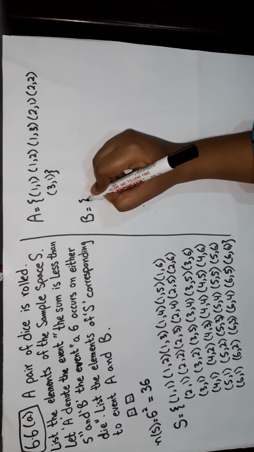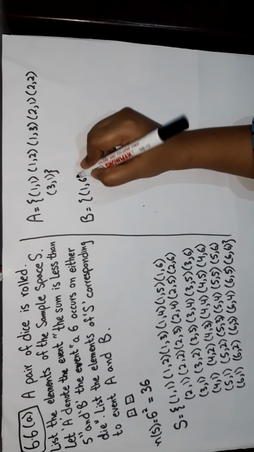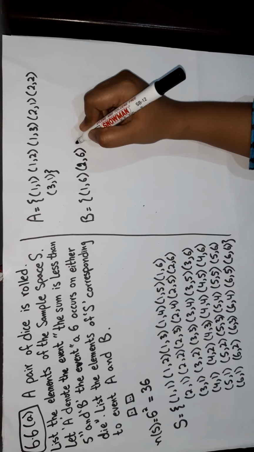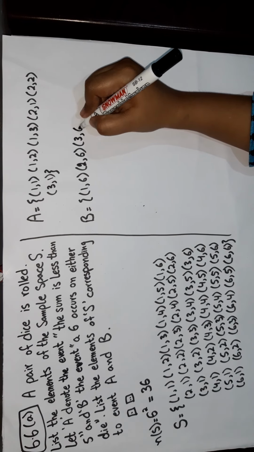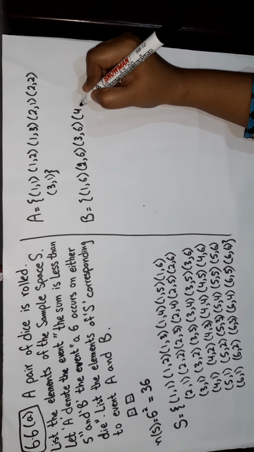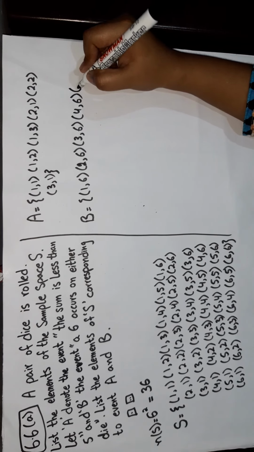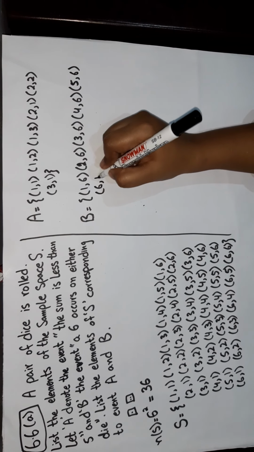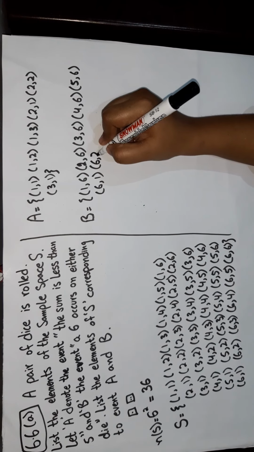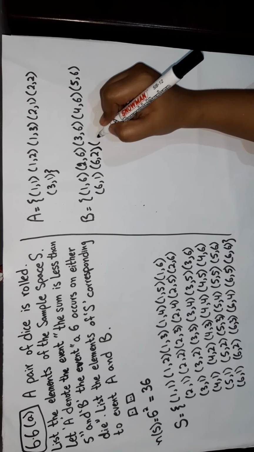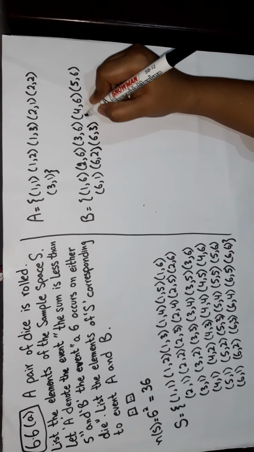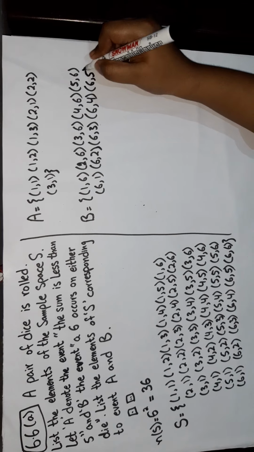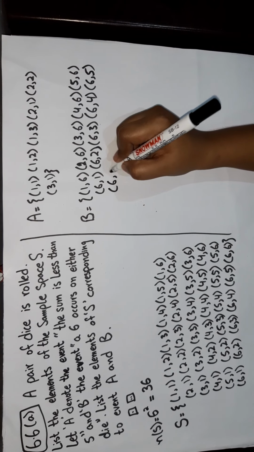So we will write all these items, which are 1 6, 2 6, 3 6, 4 6, 5 6, 6 1, 6 2, 6 3, 6 4, 6 5, and 6 6.